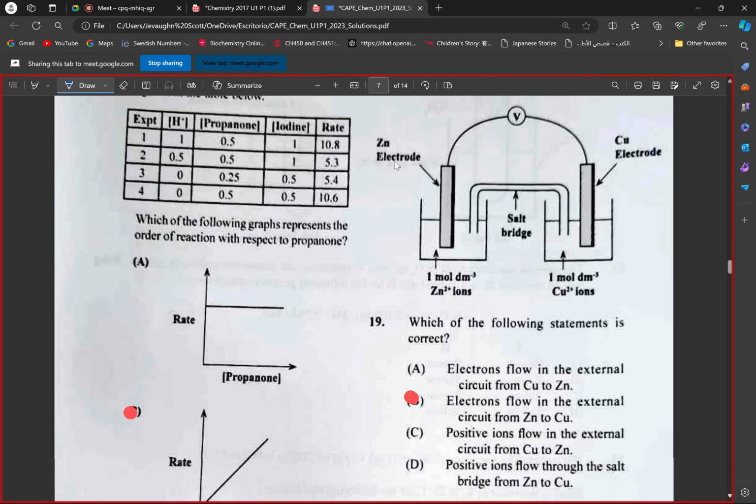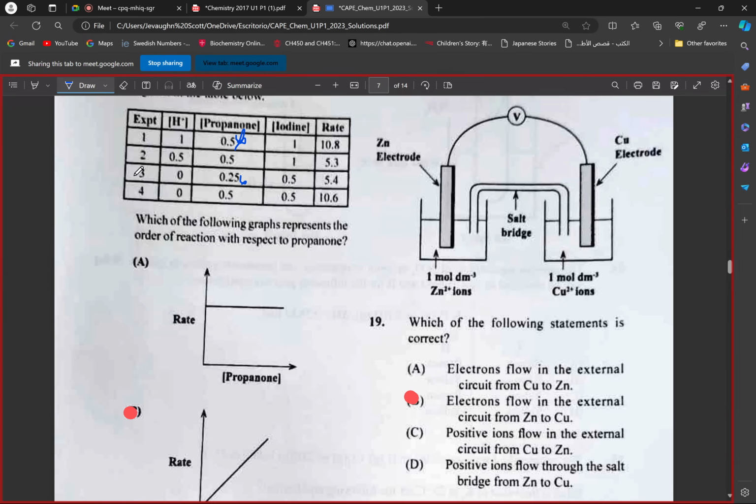So propanone, when we change propanone, let's say we use experiment 1, experiment 3, what's going to change here? We're going to have 0.5 and 0.25 right here. We have to keep iodine constant, right? I forgot.